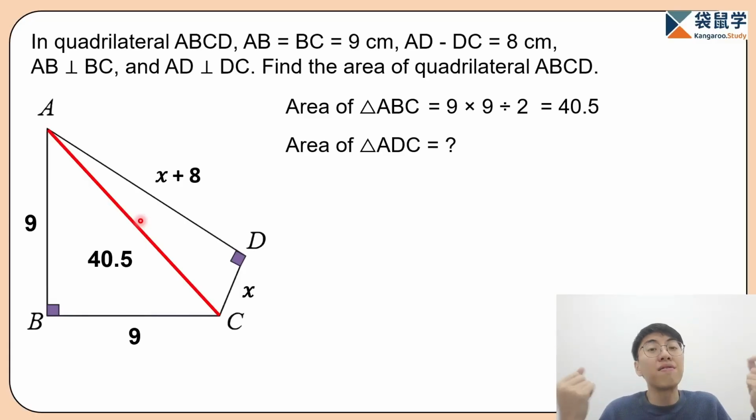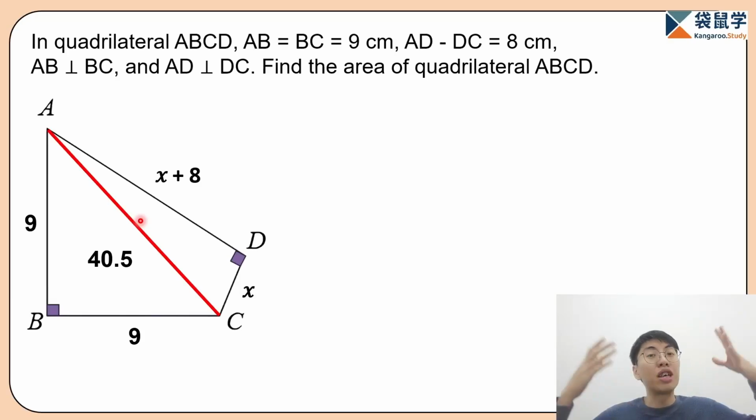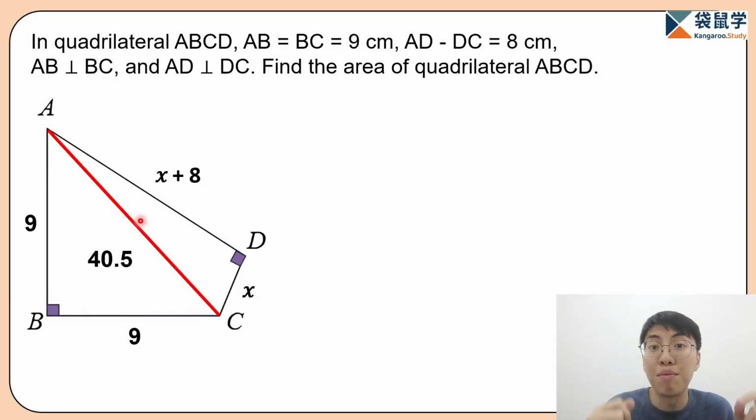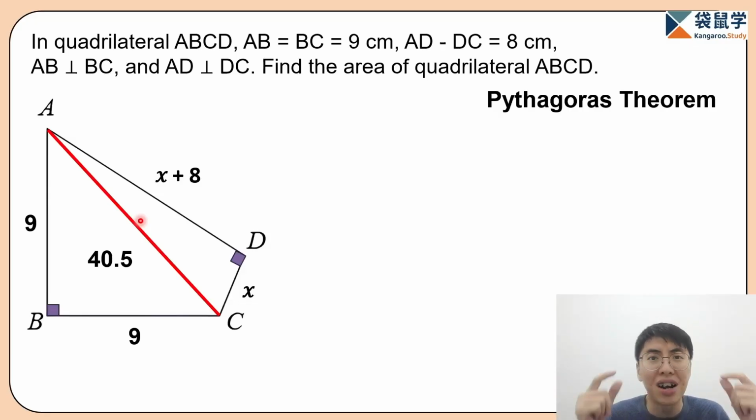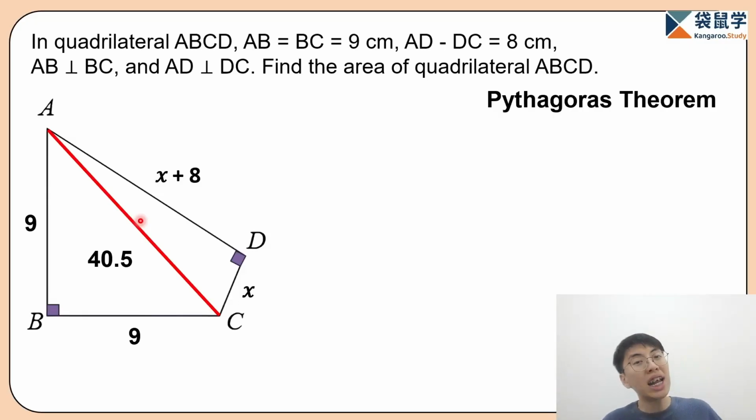How can I find this value of x then? Let me introduce to all of you something else. When we're dealing with right angle triangles, we should know one thing, and that is the Pythagoras theorem. What exactly is the Pythagoras theorem?